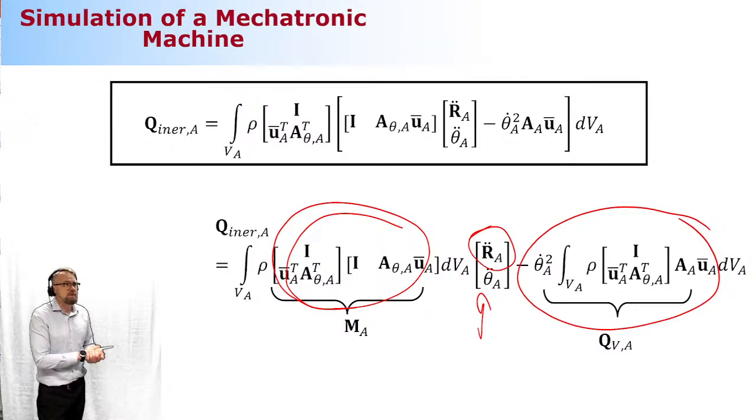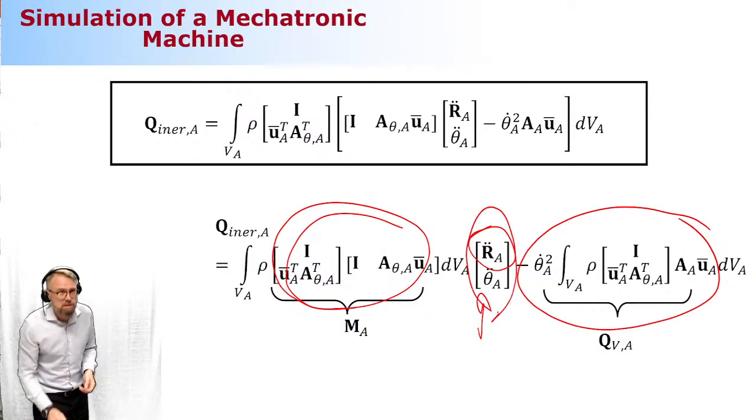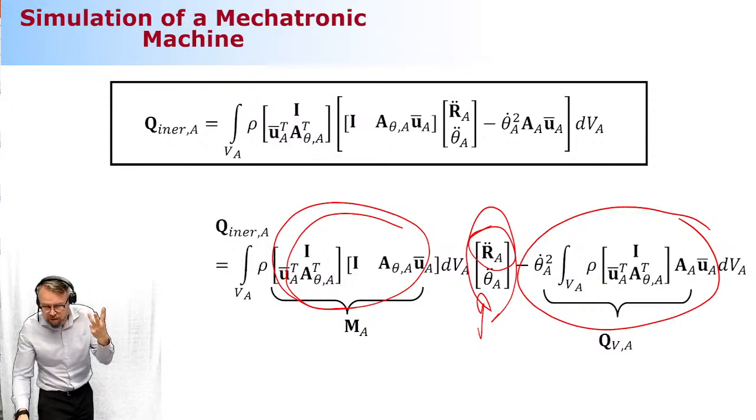It's a vector because it's written in a bold font. And this vector in total consists of three components: Rx, Ry, and angle theta.